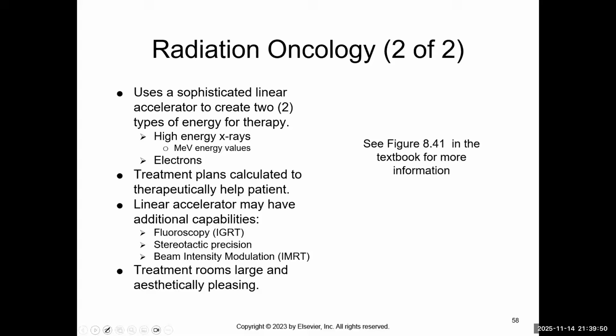They also have IMRT, which is intensity modulated radiation therapy, where the shape of the beam matches the actual tumor. The goal of that one, again, is sparing the healthy tissue. You don't want to treat the healthy areas, because this radiation doesn't discriminate. It's going to damage the healthy cells just like it's trying to damage the cells it's interested in destroying. All right, in terms of the treatment rooms for radiation therapy, they're pretty large.